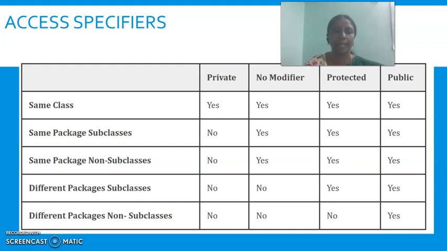For same package non-subclasses, private cannot be used and the others can. For different package subclasses, private as well as no modifier cannot be used; protected and public can be used. For different package non-subclasses, private, no modifier and protected cannot be used; only public can be used.